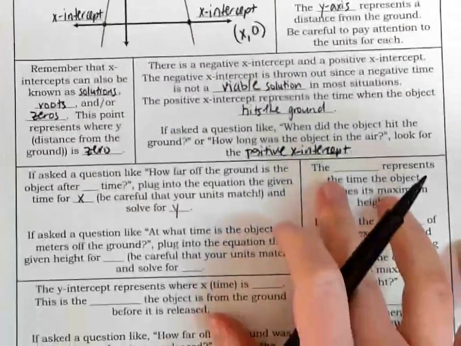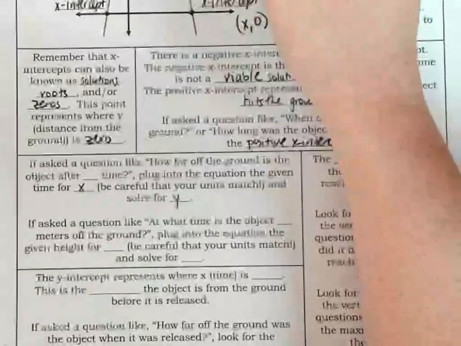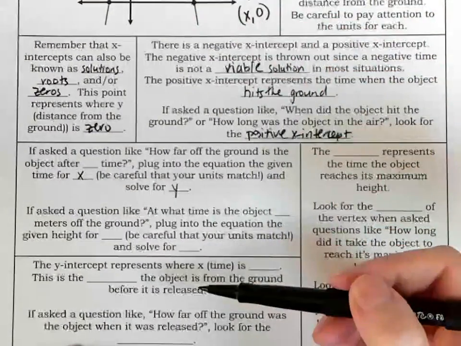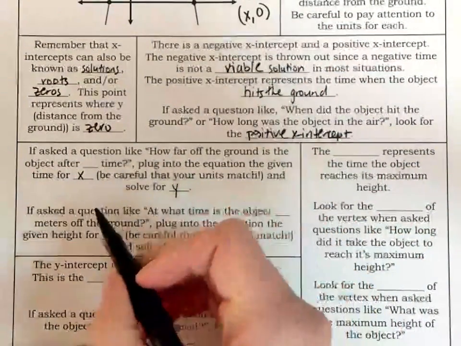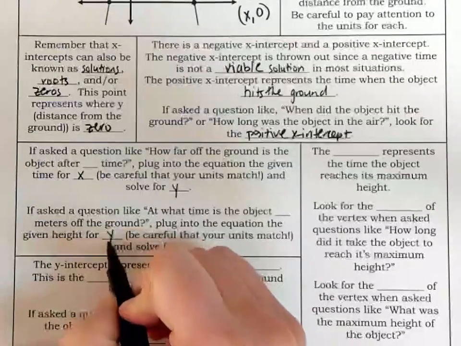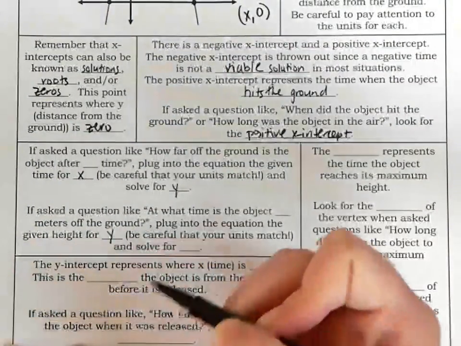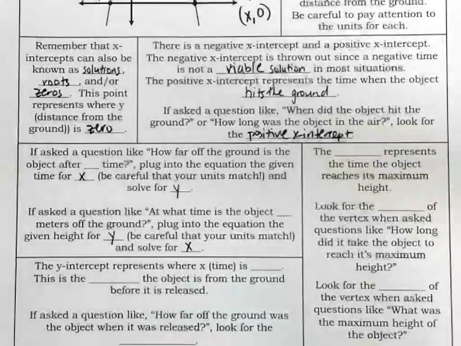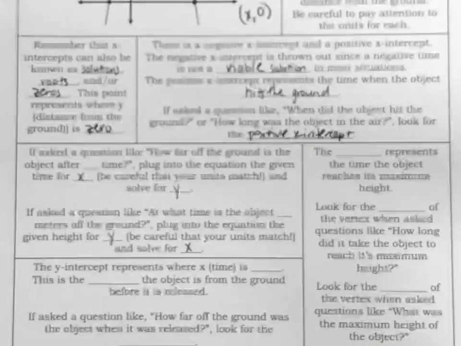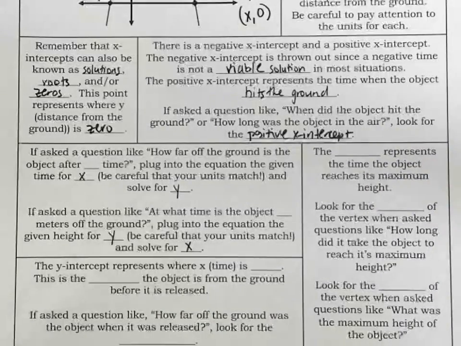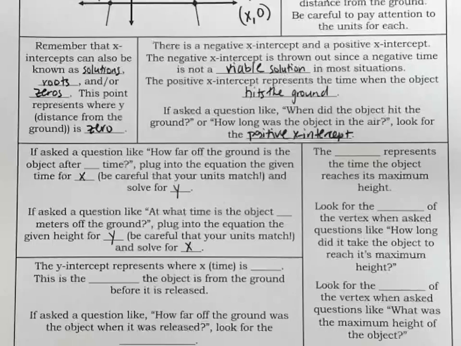So in this case, they're giving me a y value. They're giving me a height or a distance. I need to know what's the x value. So we're going to plug the given y value into the equation and solve for x. And so those are the types of questions where you're plugging values in and just evaluating and simplifying those equations. Okay?